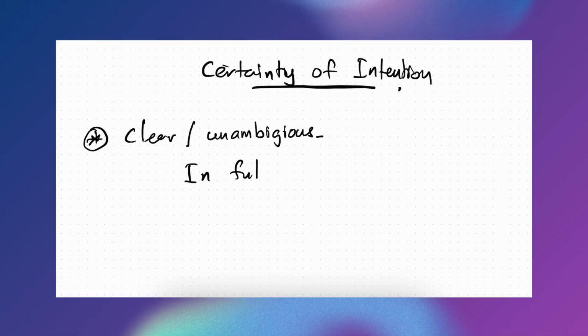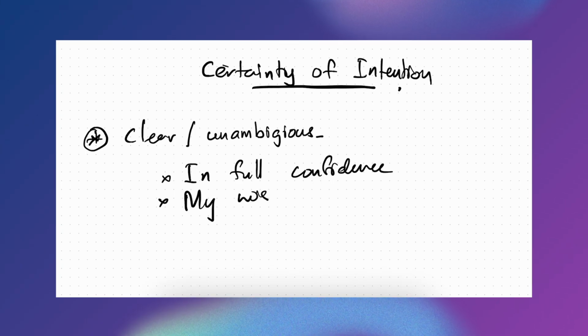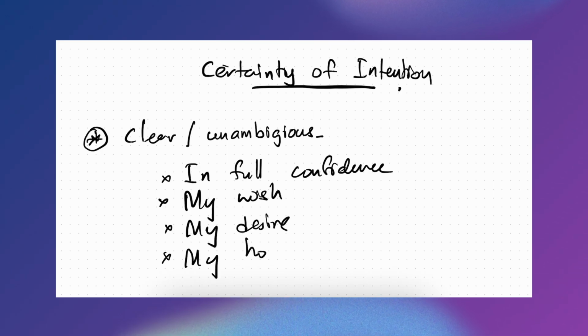So using words like "in full confidence," "my wish," "my desire," "my hope" will not be sufficient to create a valid intention to create a trust. Imagine I want to create a trust where I leave some property to you.